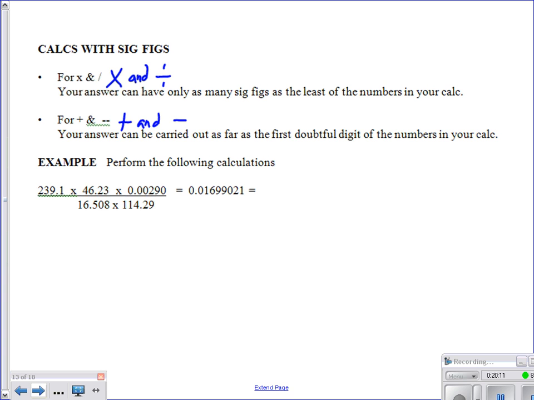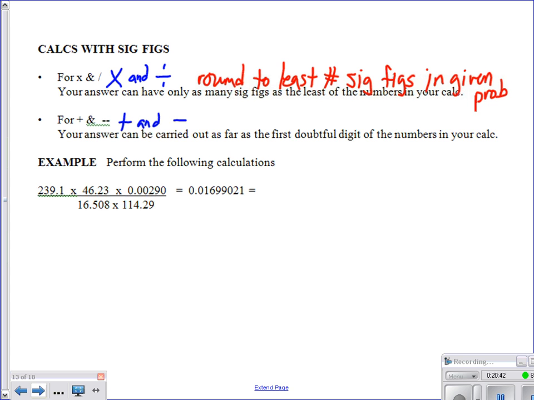My rule for multiplication and division is to round to the least number of sig figs in the given problem.